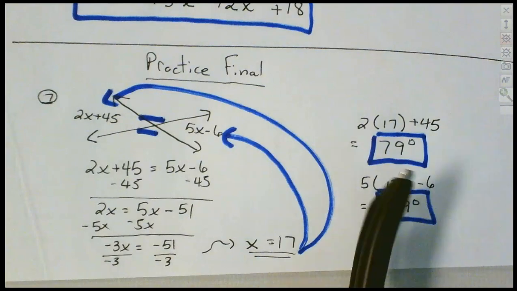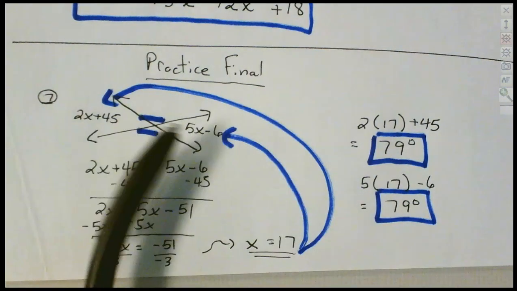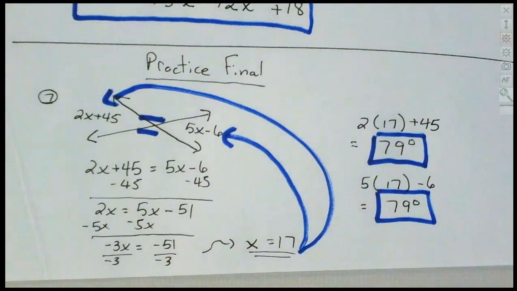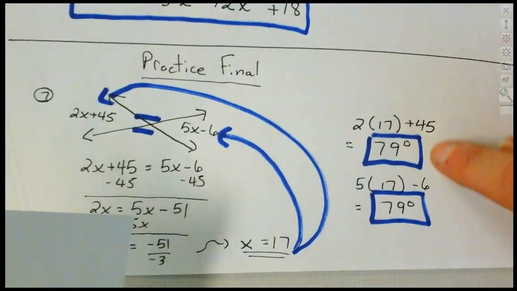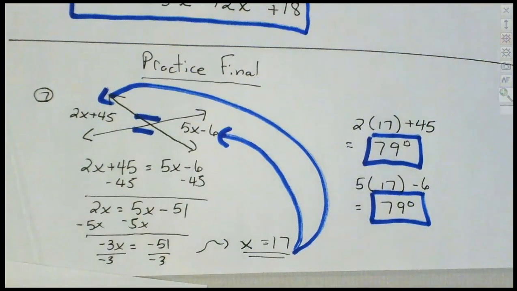So make sure you actually take that answer, plug it back in to get full credit. Okay, and that's just something I've seen happen over the years. Students work it out exactly right, but they forget to do the last part. And so what I'm trying to pick out is questions I know students make a mistake on.